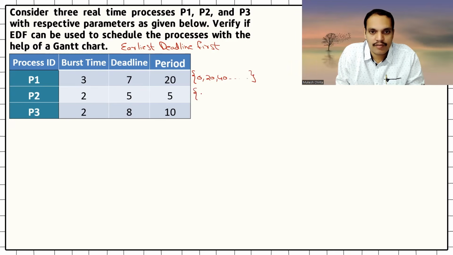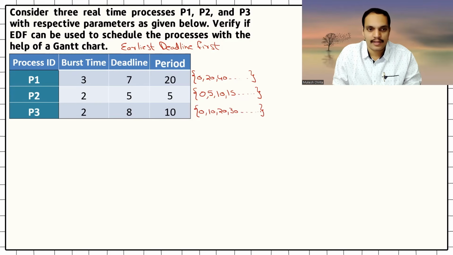Here, this repeats itself at 0, 5, 10, 15, and so on. This gets repeated at 0, 10, 20, 30, and so on. This is my way of handling real-time tasks.